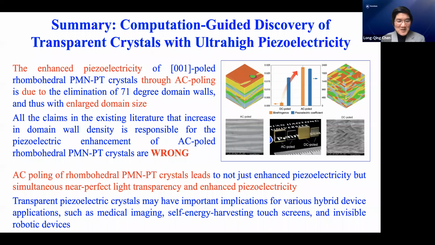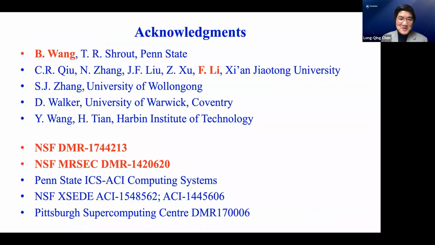In particular, hybrid device applications involving medical imaging, like the photoacoustic imaging that I mentioned. Essentially, you could think about self-energy or energy harvesting by just pushing, touching screens, or you can think of making robotic devices invisible.